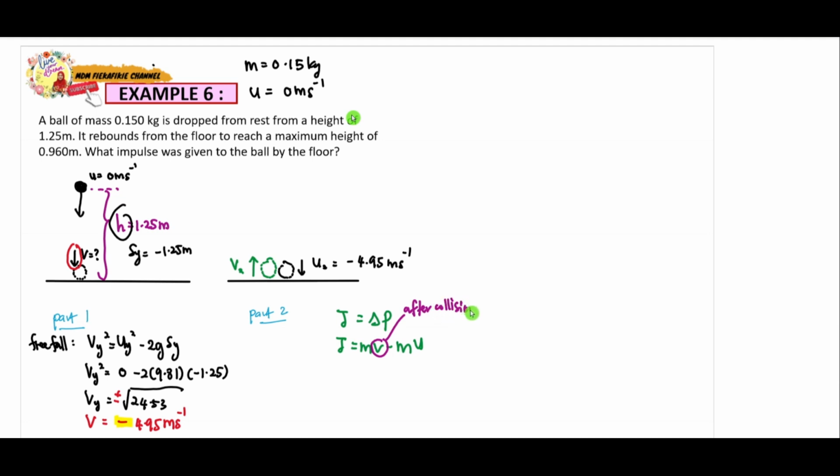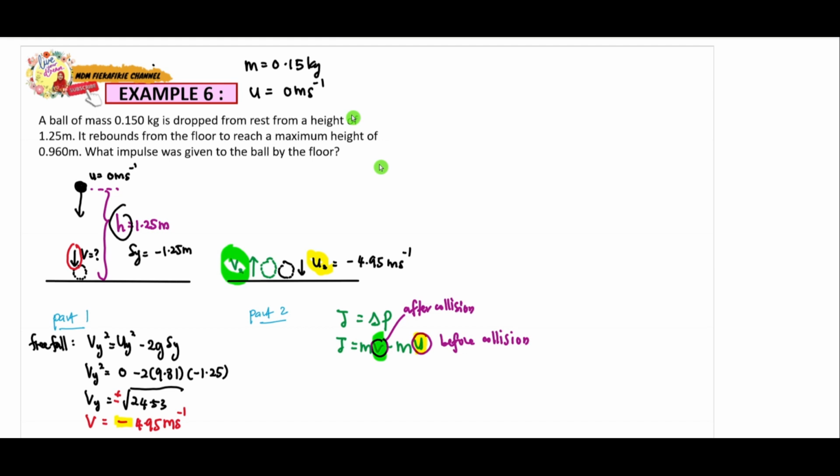And this is velocity before collision. Okay. So, kalau saya highlight kan, yang color kuning ini adalah before collision. Okay, yang color hijau ini adalah after collision.